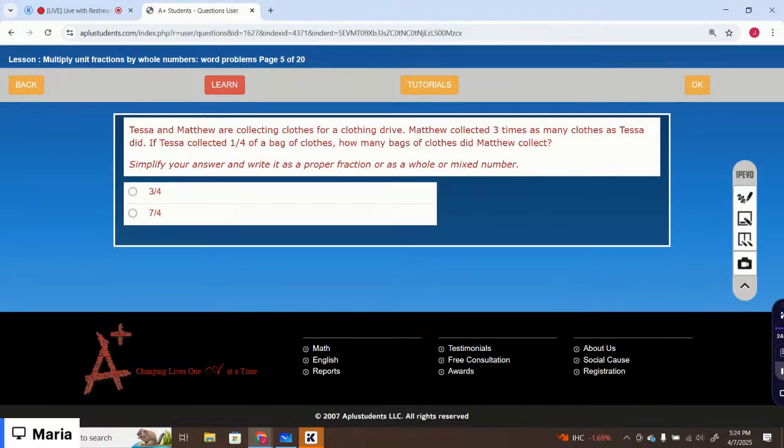Tessa and Matthew are collecting clothes for a clothing drive. Matthew collected 3 times as many clothes as Tessa did. If Tessa collected 1/4 of a bag of clothes, how many bags of clothes did Matthew collect? So which is the correct option?